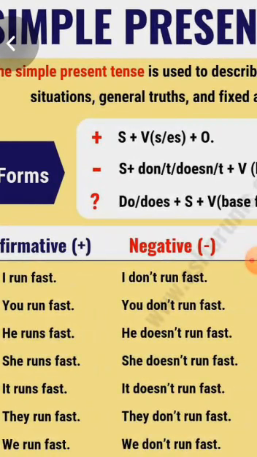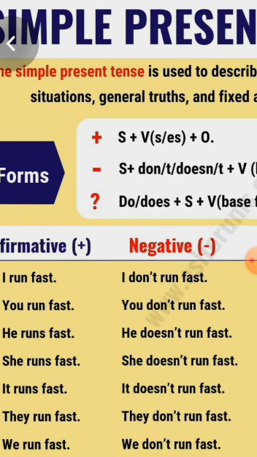One most important thing is that in an affirmative sentence we use runs, but in a negative sentence we don't write runs, we write run. Why? Because we have already put the s or es form in does.